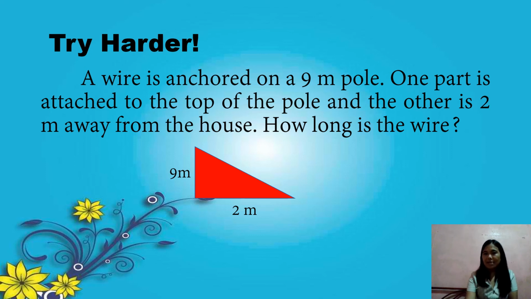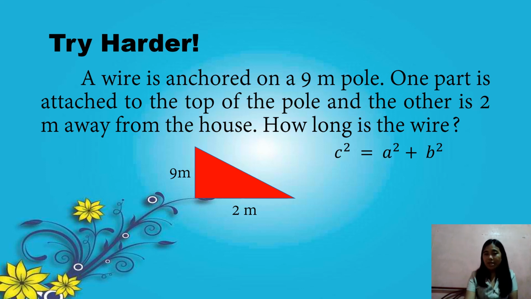Earlier we already had a problem in which the illustration is a right triangle and we made use of what? The Pythagorean theorem. So we can make use of that also in this problem because it's a right triangle. Alright, so it's c squared equals a squared plus b squared.